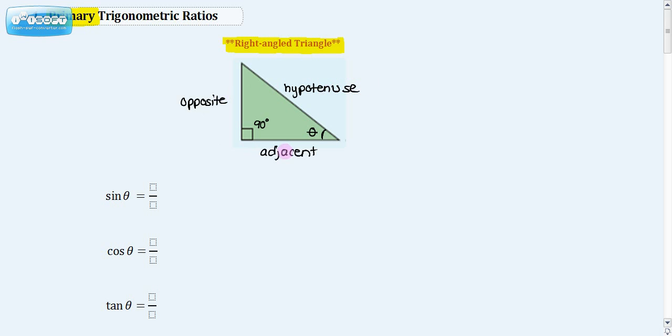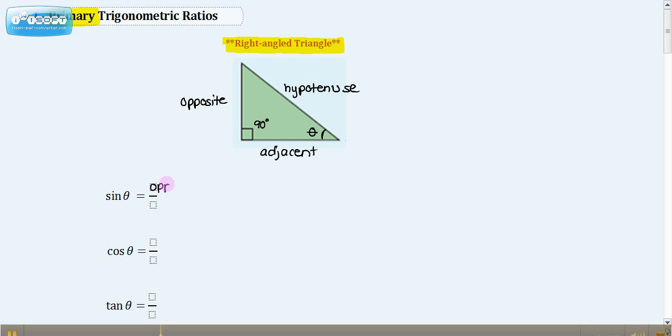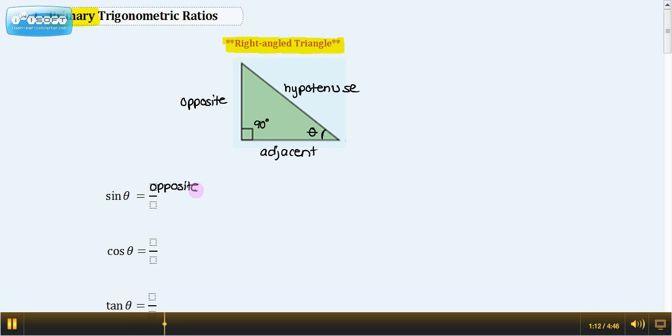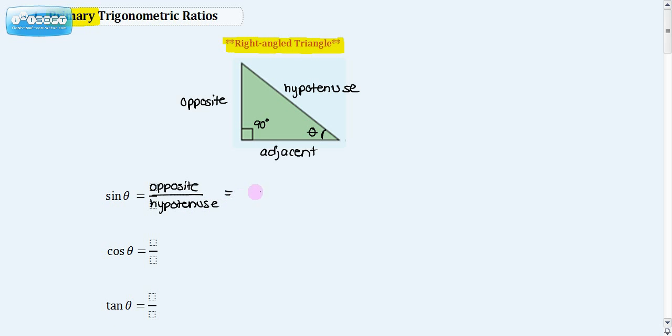Now using these definitions, I can therefore state my definitions for my trigonometric ratios. My sine of theta is equal to the ratio of the opposite side over my hypotenuse side, which can be shortened as such.